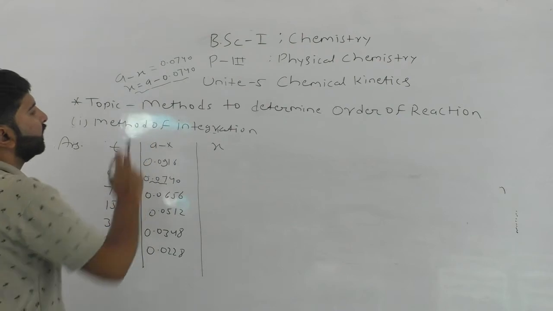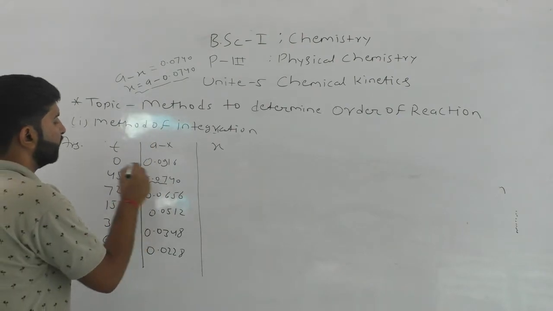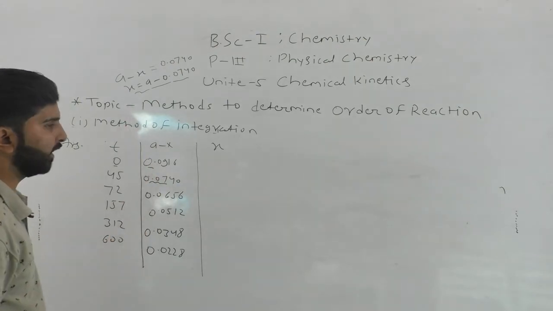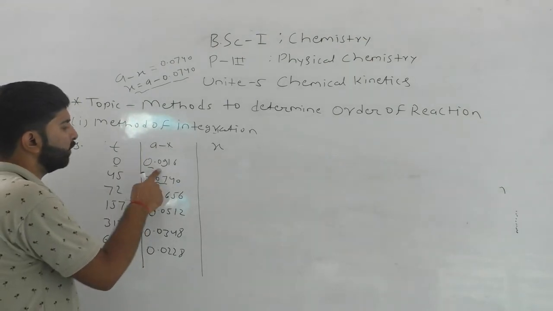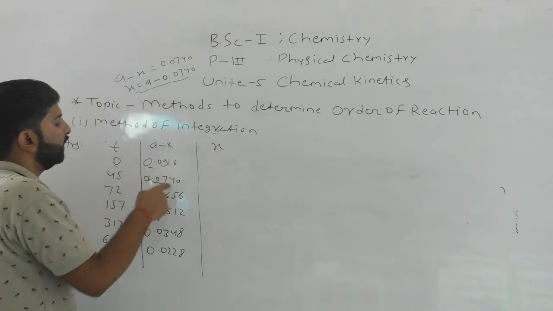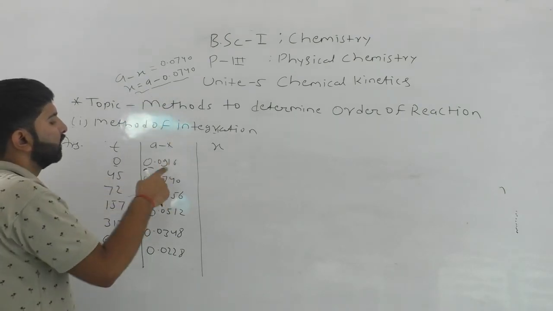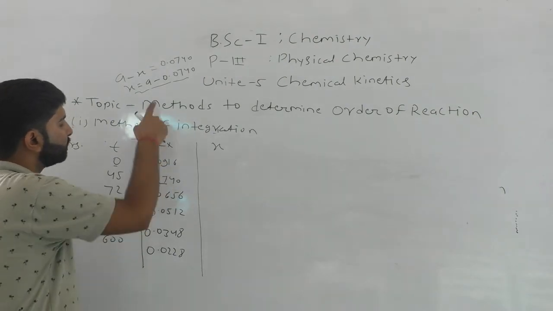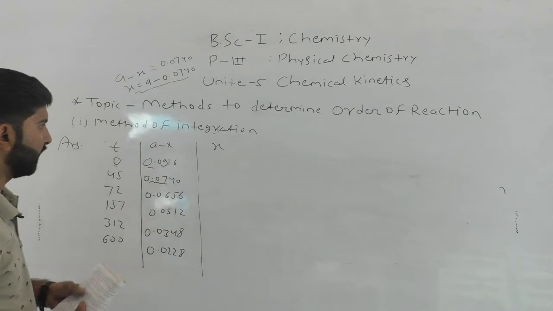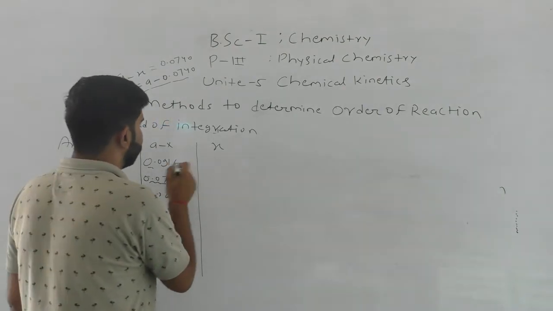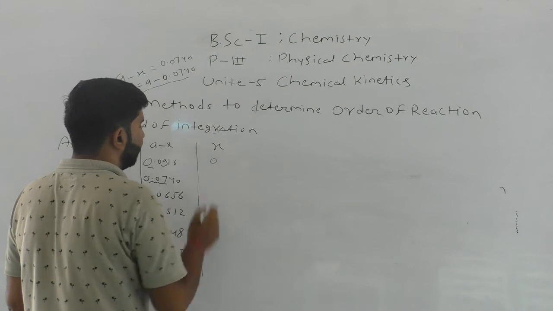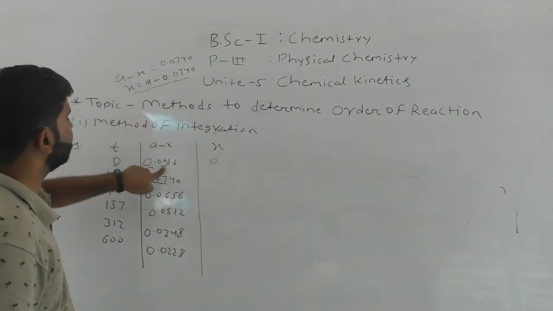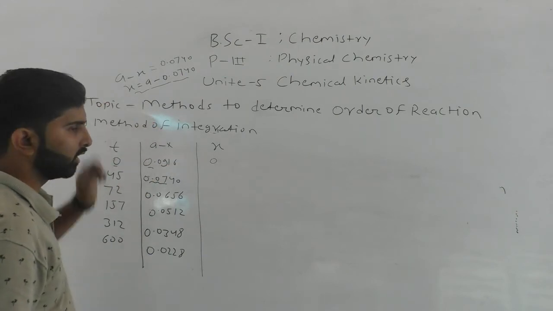The value of A, which is the initial concentration, the concentration at time 0, is 0.0916. So this is the value of A, and for each of these we calculate by subtracting the values from A. So the value of X for this is 0, because here we write A minus 0.0916, which is 0.